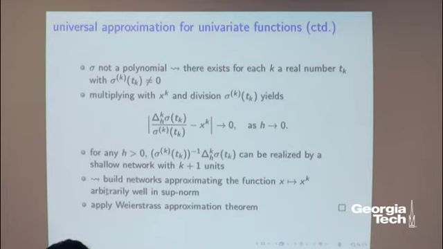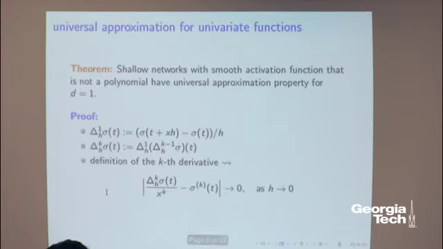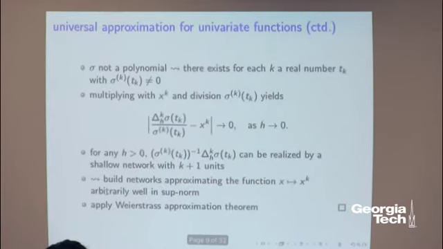So if it doesn't vanish, we can just divide by that, and we put the x to the k on this side. Of course there are some steps where I would have to show that everything is uniform and so on, but one can do that, and then essentially one arrives at this expression. So the kth order difference divided by this kth derivative at the point dk converges to x to the k as we make h tend to 0.